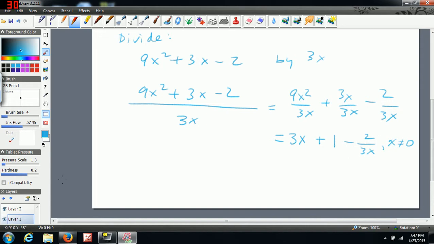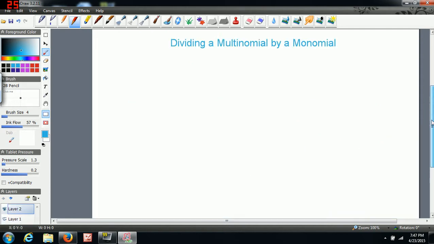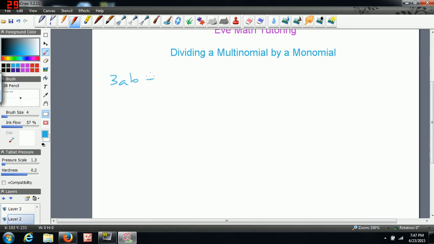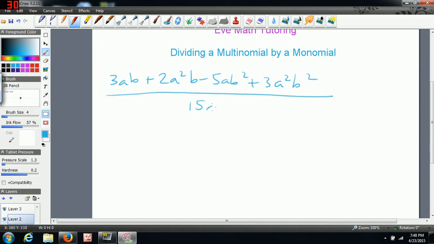And we can try another example. All right, let's try the following one. 3ab plus 2a squared b minus 5ab squared plus 3a squared b squared all over 15ab.